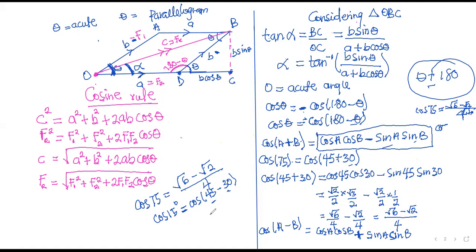Sir, why are you using cos 15? It's an example. I just gave an example. The 75 and 15 were examples, just to clarify the formula which I gave you. Okay.